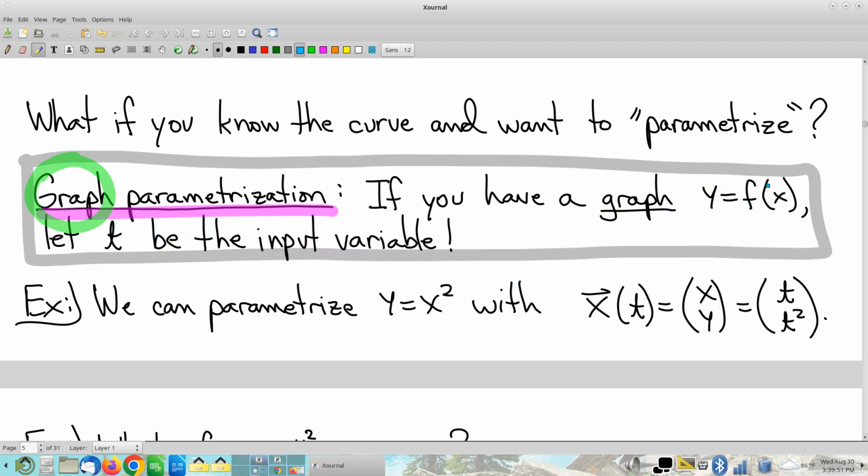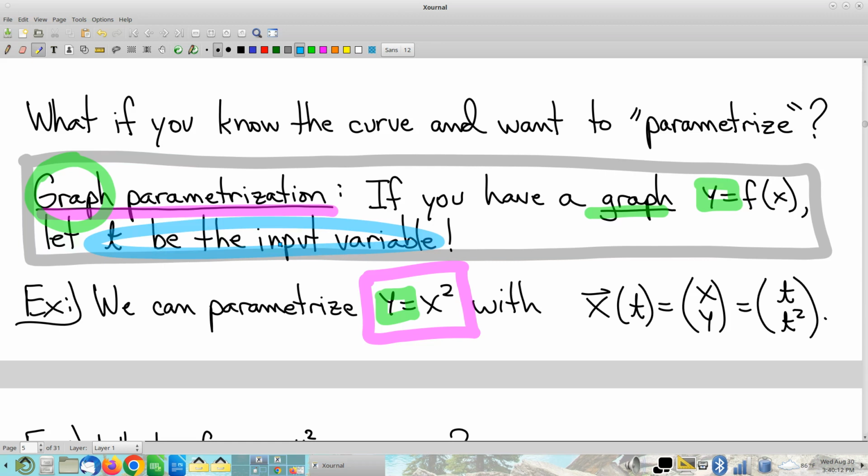Let's take this curve right here. Hey, cool, we have a graph. We have one of the variables equals a function of the other. So I'm going to follow the rule. I'm going to let t be the input variable.